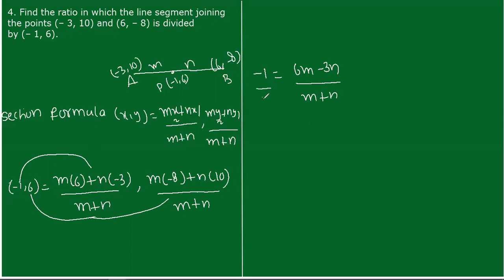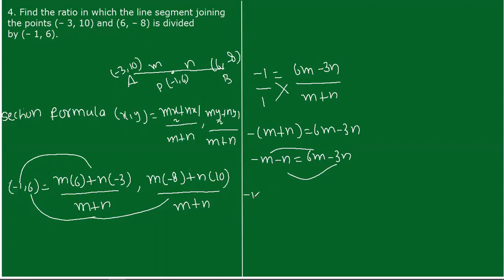So here do cross multiplication. So -1 times (m + n) and 6m - 3n. Here we have -m and -n is equal to 6m - 3n. So take the same variables on one side. Take this -m to here and -3n to here.